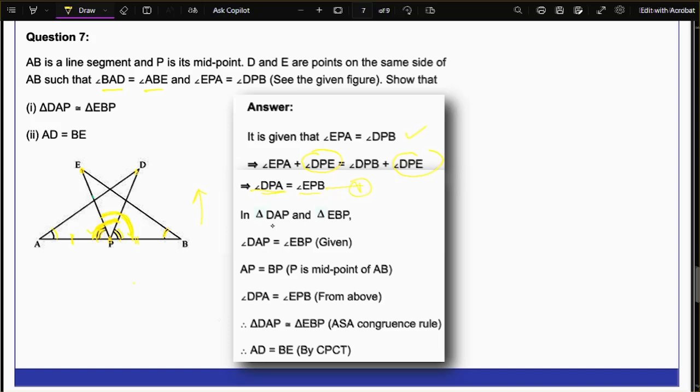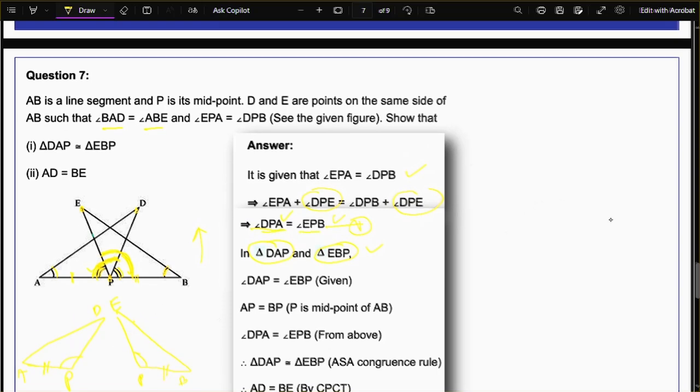Now in triangles DAP and EPB, we have proved that angles DPA and EPB are the same. Now AP equals PB, which is also given as P is the midpoint.